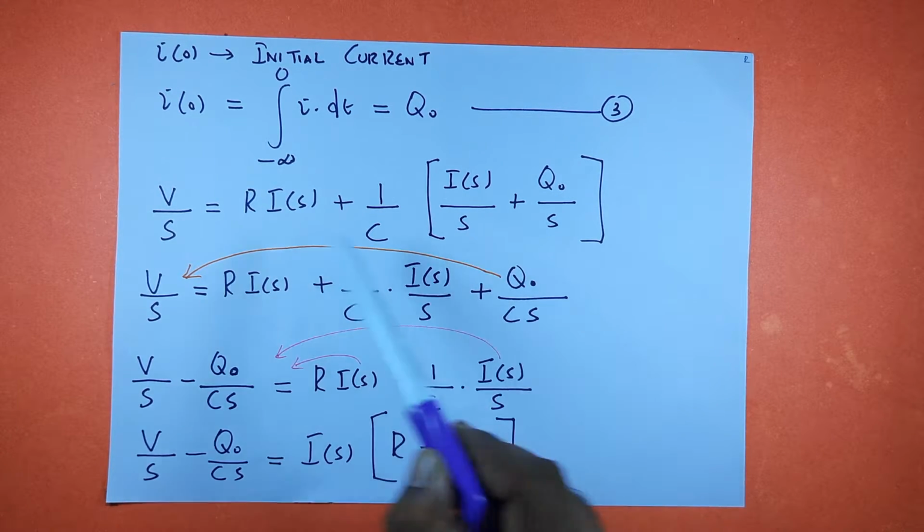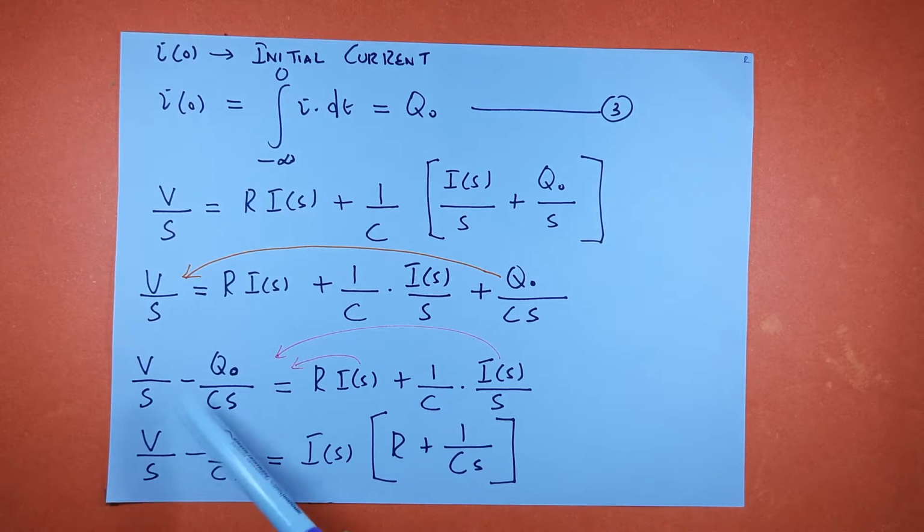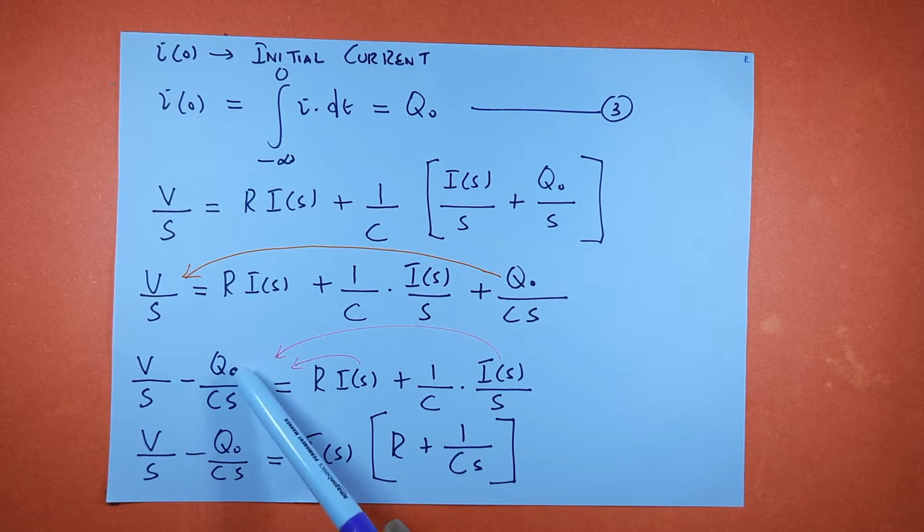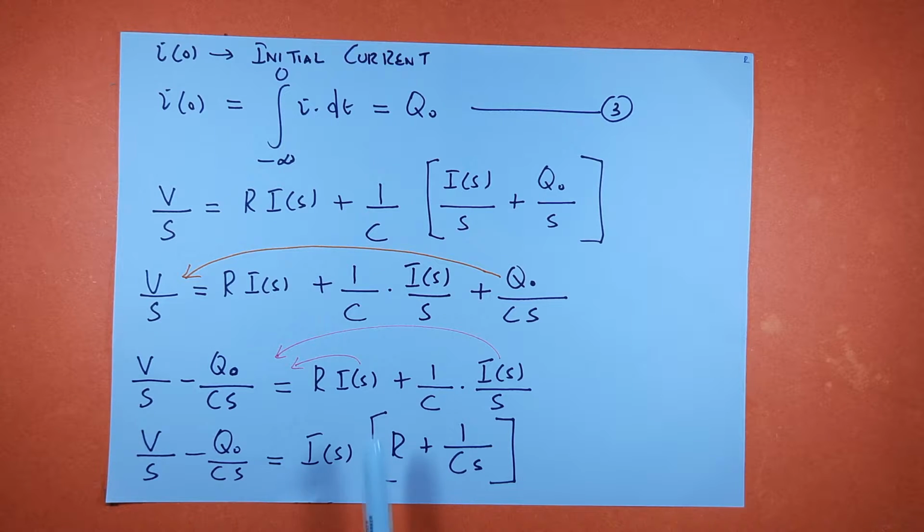Now this term you take to the left hand side. So you get V by S minus Q naught divided by CS equal to R I(s) plus 1 by C I(s) divided by S.